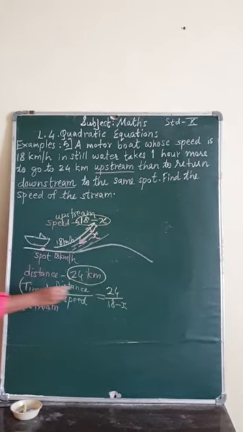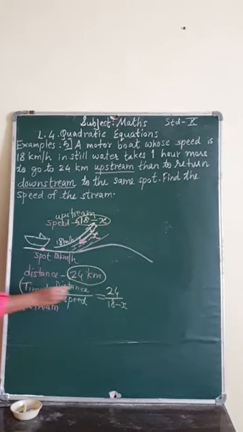Now from this same spot, when the boat is returning, it is called downstream. The distance covered is 24 km, and the stream speed is x, as we have taken. The boat is coming back to the same spot, 24 km. So what will the speed be? Will it be 18, or 18 minus x, or more?